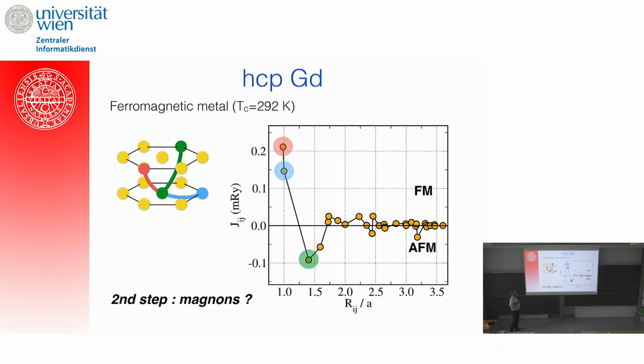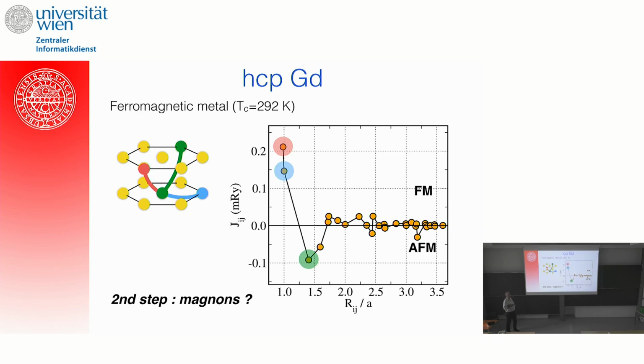It has some terms that are ferromagnetic. That's good because this is a ferromagnetic material, but there are also some interactions that are actually quite pronounced antiferromagnetic. You would not be able to guess this from experimental data. At least I don't think so. You have to do the calculation to conclude that this is an antiferromagnetic interaction in the third and the fourth nearest neighbor interaction.